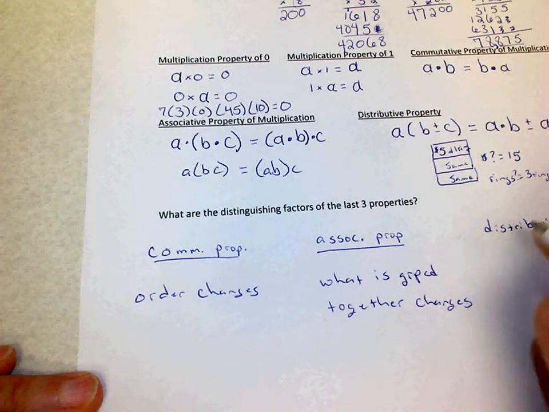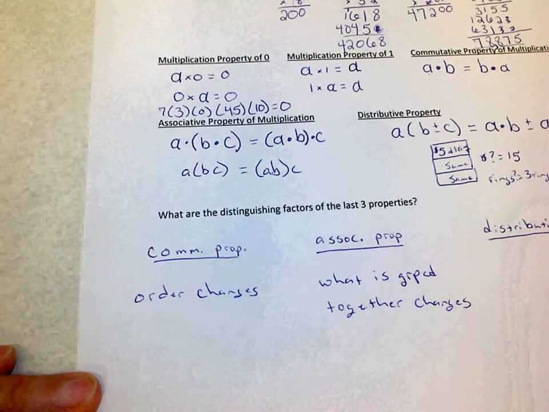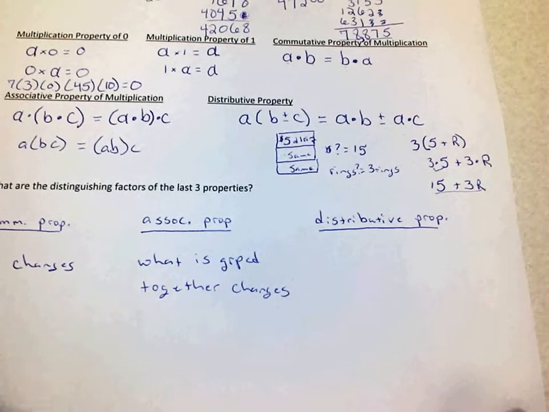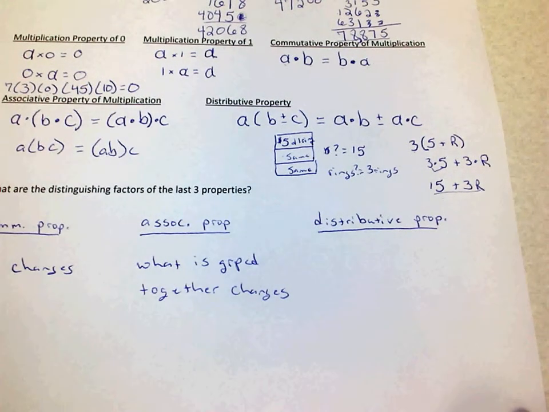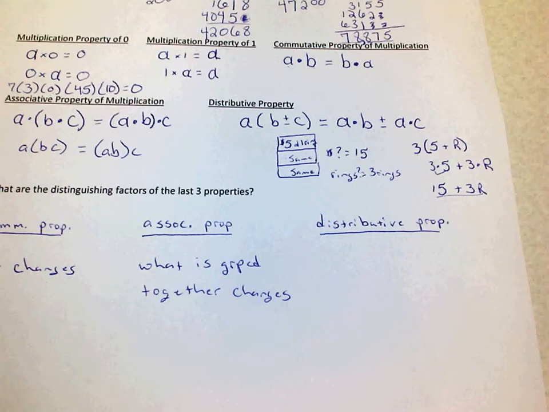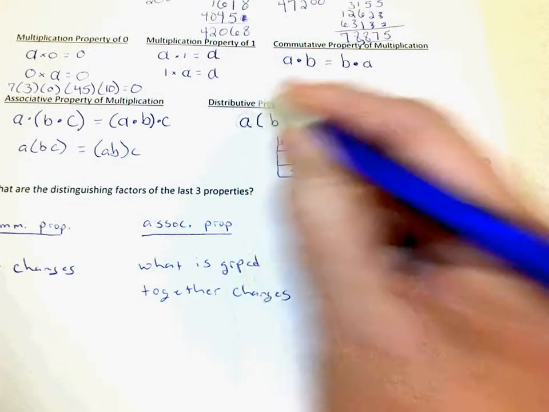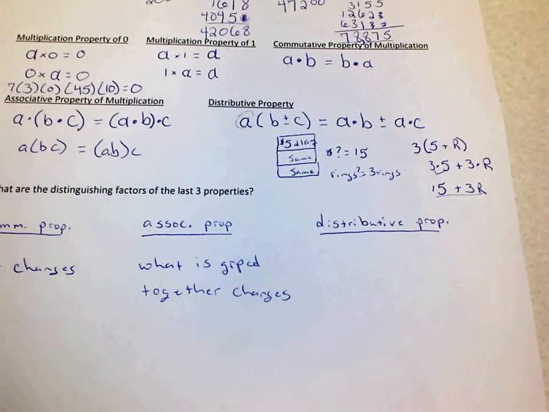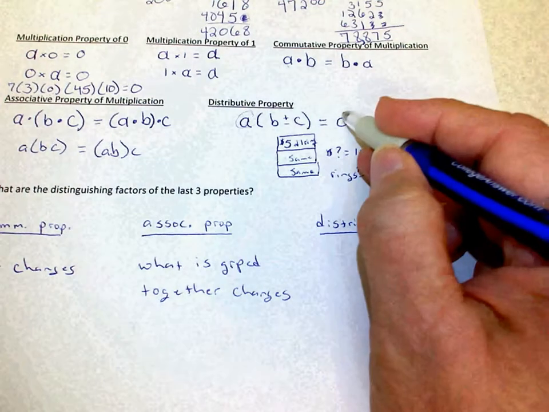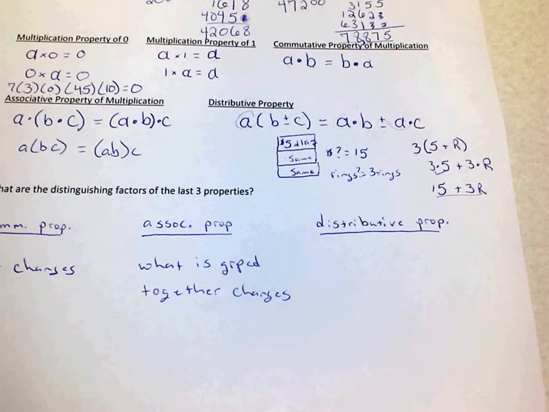And with the distributive property, this is probably one of the easiest to figure out. A shows up how many times on the left side? Yep, just once. But look what happened on the right side. A showed up twice.